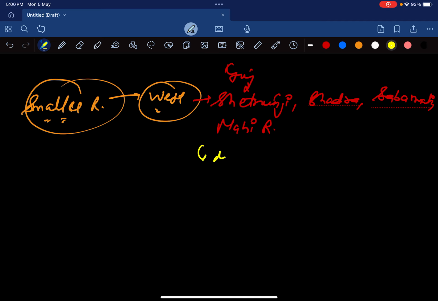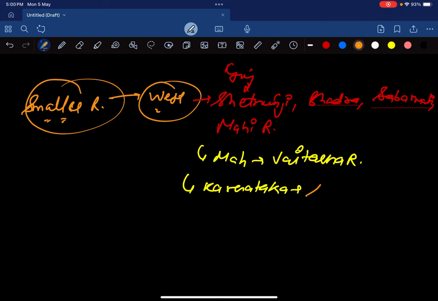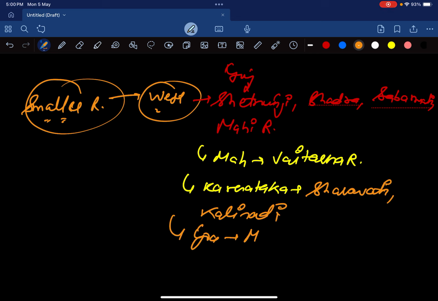If we talk about Maharashtra, there is Vetarna river, right? Karnataka, Sharavati, and Kali Nadi. If we talk about Goa, these are Mandovi and Juari river.